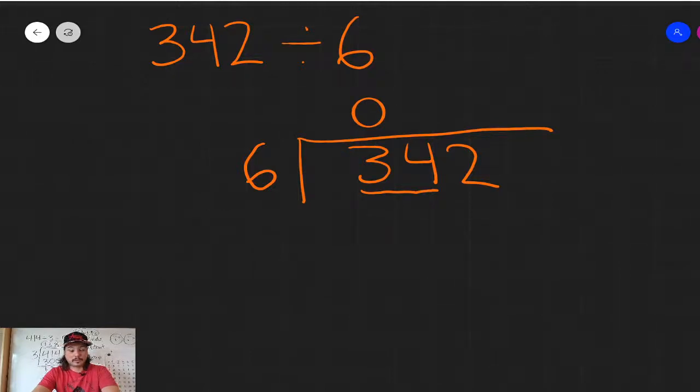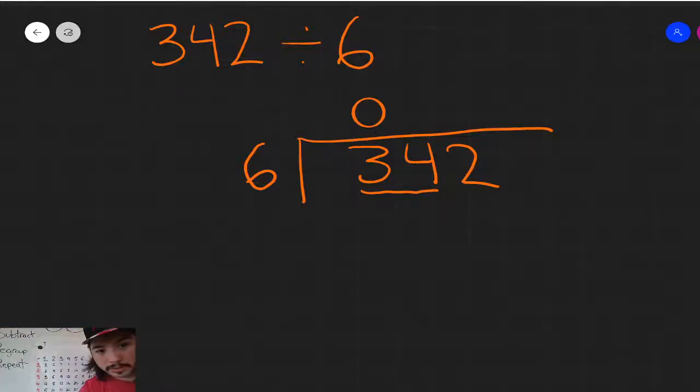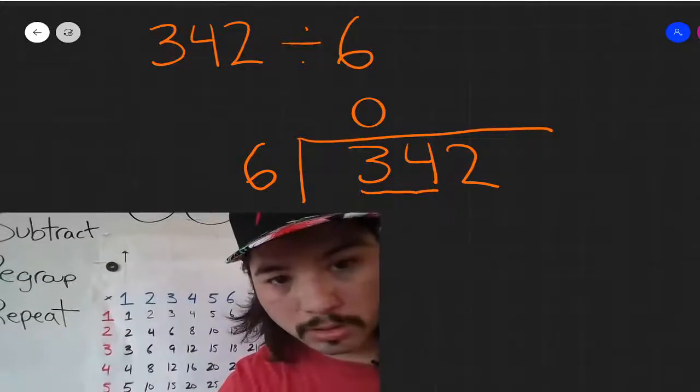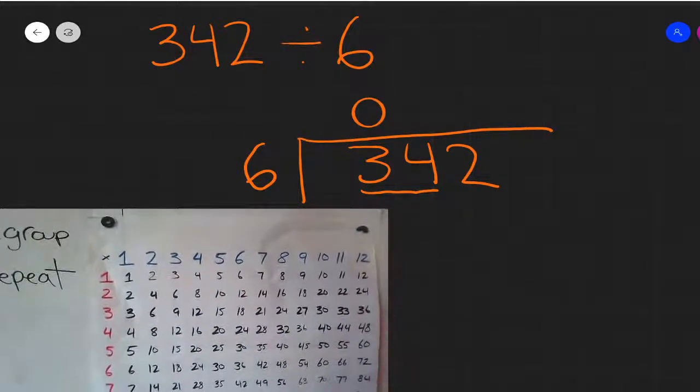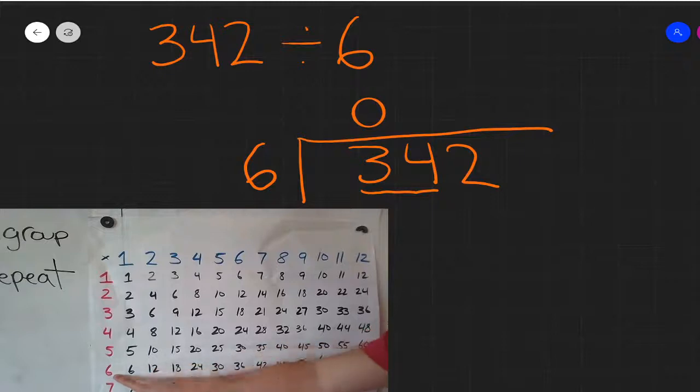If it helps to go to your multiplication table and look, you certainly can. I'm going to go over here. Okay, let's go to our 6s. And let's see. How close can I get to 34 without going over?